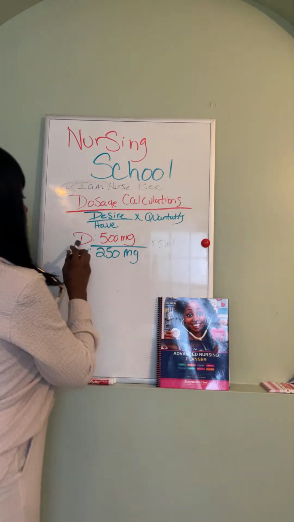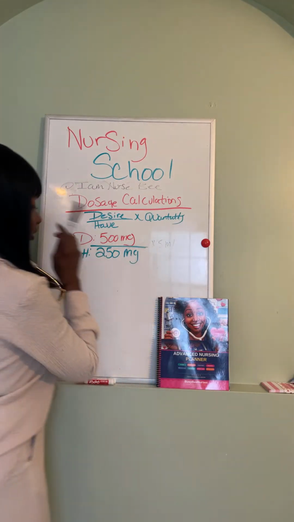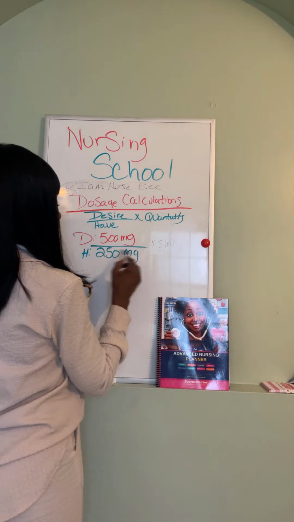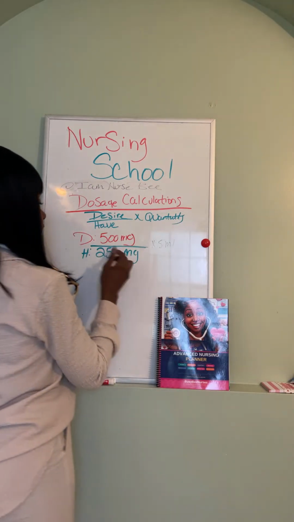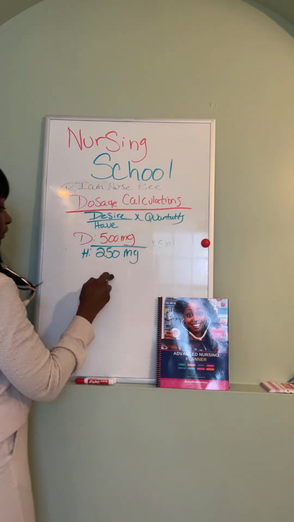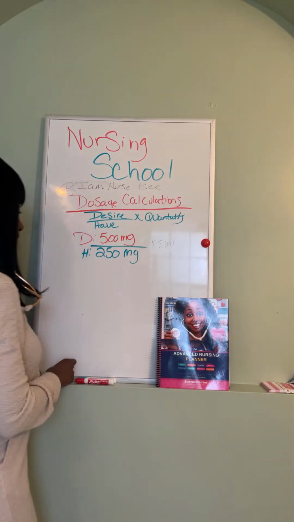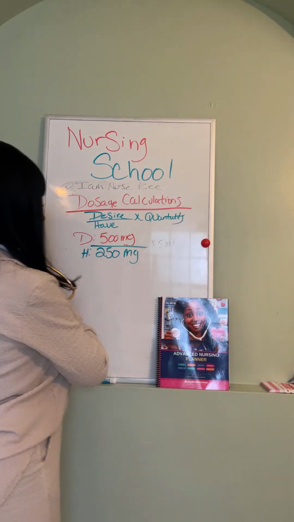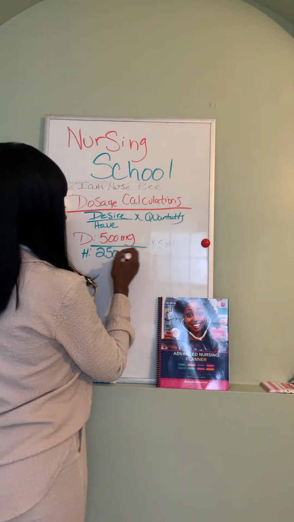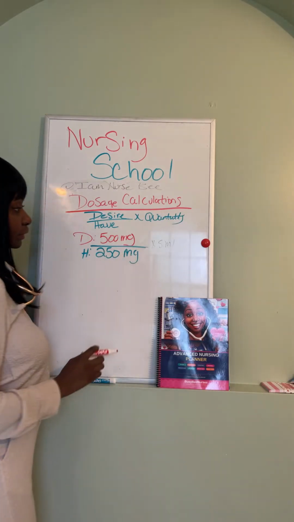So, the doctor wants 500 milligrams. We're going to give this medication in mL form, but this is the milligrams. We only have 250 of the medication. Like before, you're going to do 500 milligrams divided by 250.